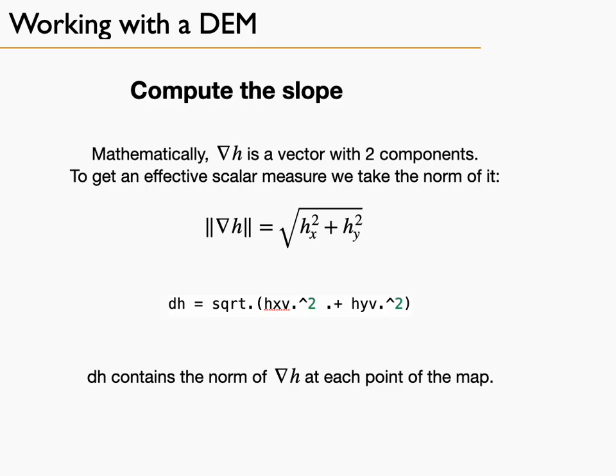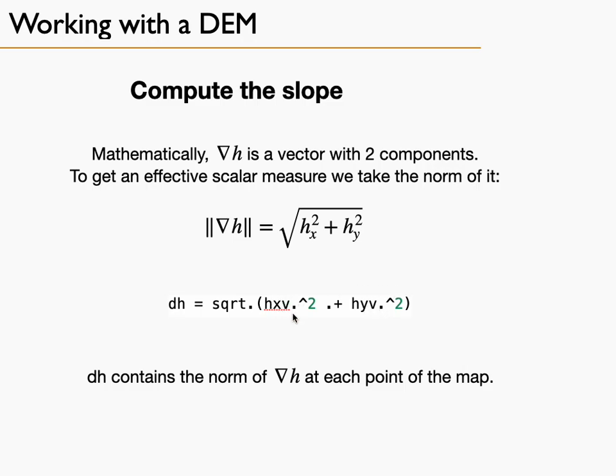Then we want to compute the slope. So we will basically take the norm of the vector of the gradient of h. So we take the square root of hx square plus hy square. So this can be simply written as dh is square root of hxv square plus hyv square.